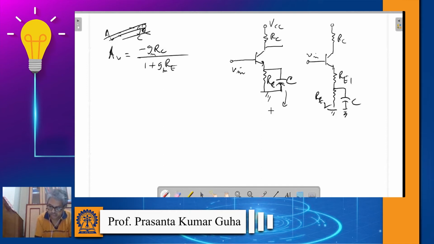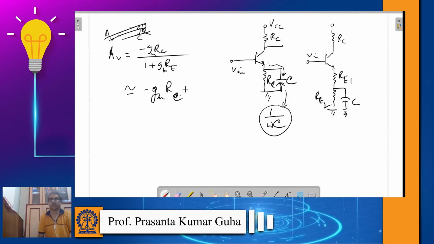Okay, you see impedance of the capacitor is 1 by omega C. So if you choose the capacitor value in such a way that AC signal see it as a short circuit, so the AC signal will go through this path. Okay, so in that case you will have gain equal to the gain as if the resistor is not there. So in that case this resistor will basically stabilize the biasing but will not have effect as far as the input resistance is concerned.